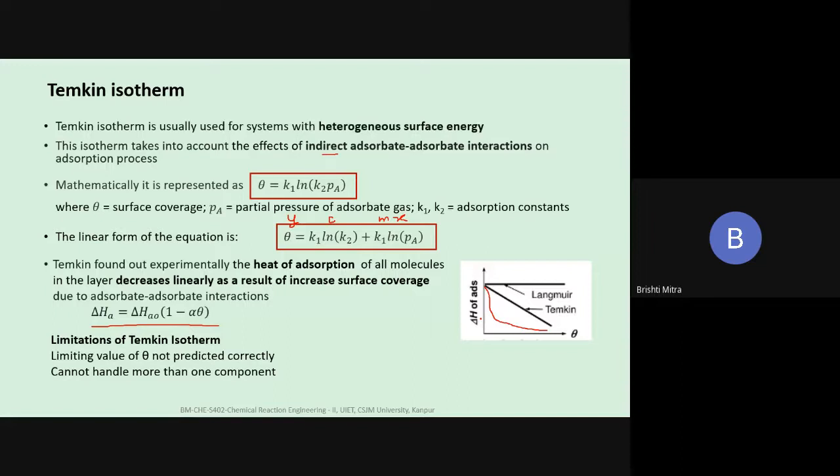What are the limitations of the Temkin isotherm? The limiting value of theta is not predicted correctly. That means the maximum value of theta that we can get is not predicted very accurately, and it cannot handle more than one component. Just like the Freundlich, we had a problem if more than one species is getting adsorbed.